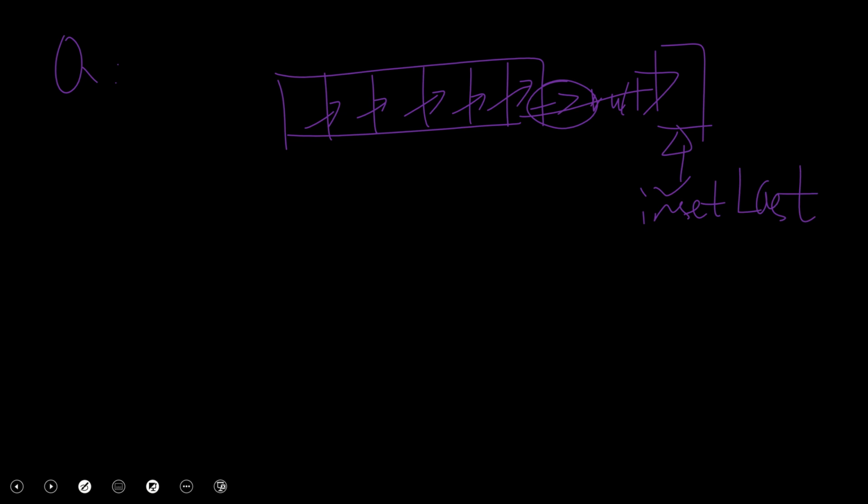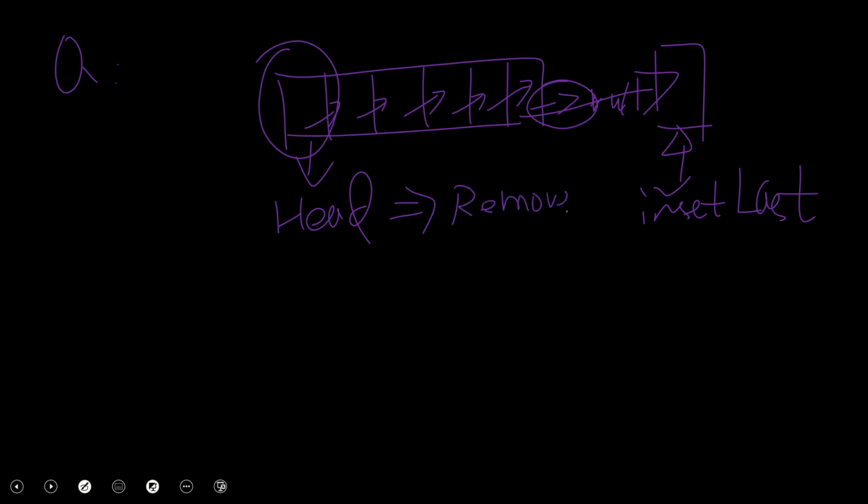If we want to dequeue, we want to remove the first one in the line, so we want to remove the head, using the method remove first of the linked list. For peek, you just return the head as well.